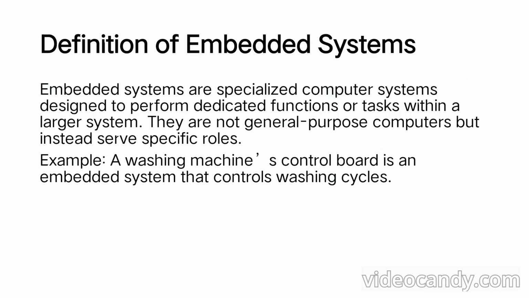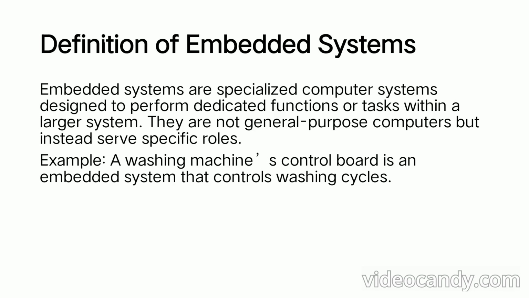What is the definition of embedded systems? Embedded systems are specialized computer systems designed to perform dedicated functions or tasks within a larger system. They are not general purpose computers, but instead serve specific roles.